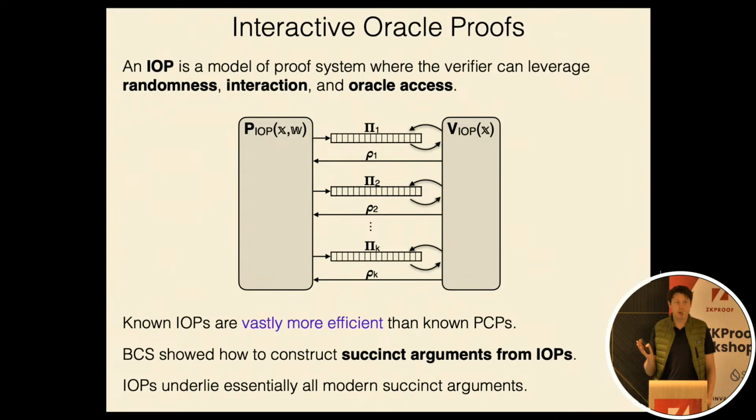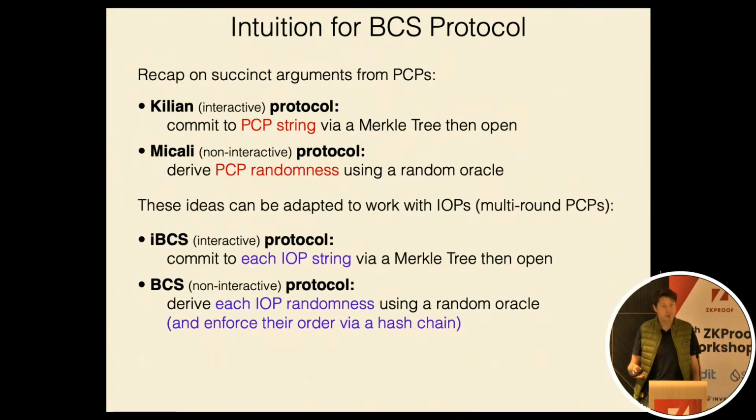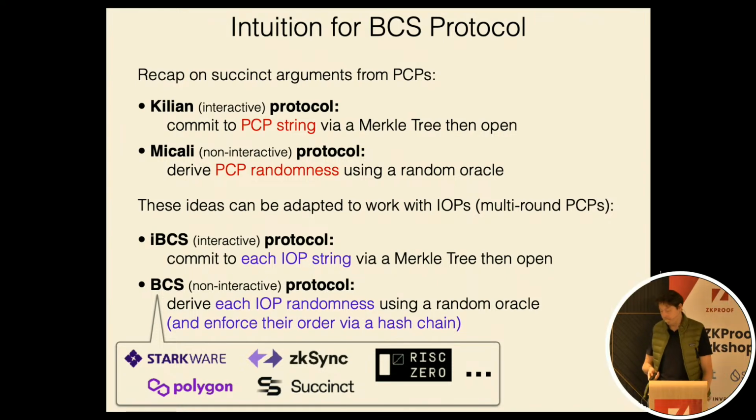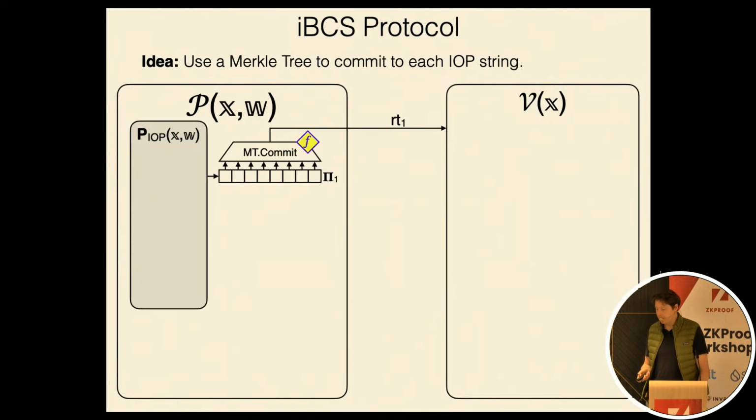So this should be pretty clear, what an IOP is, right? So once we see an IOP, we say, okay, great. I know how to do it. If before I could just commit to a PCP string with a Merkle tree, then open, I do that for each round, okay? So this protocol is used in every construction of a hash-based succinct argument. Picture-wise, it's pretty simple. Output the first PCP, commit to it, sample random questions, right?